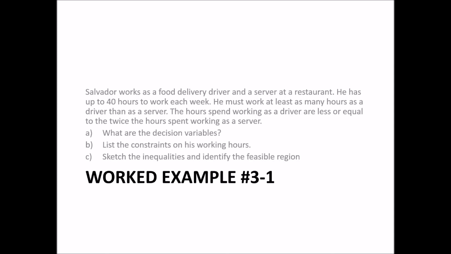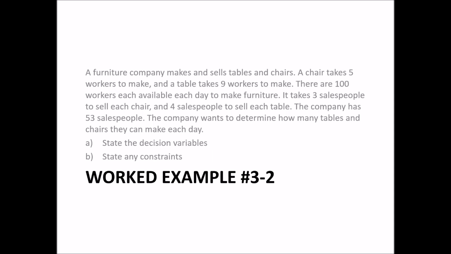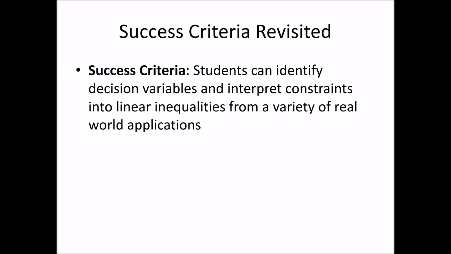Have a go at creating the constraints and sketching the inequalities for each of these. Example 1 and example 2, and then we'll finish up. So you will have been successful if you can identify decision variables and interpret constraints for a variety of real-world applications.